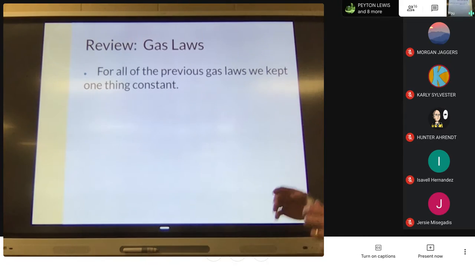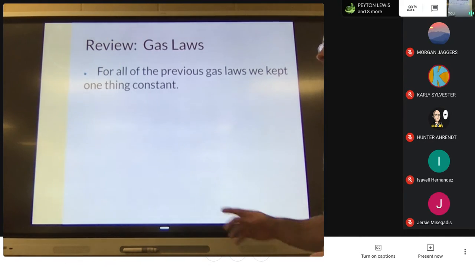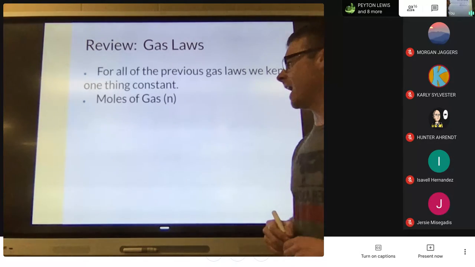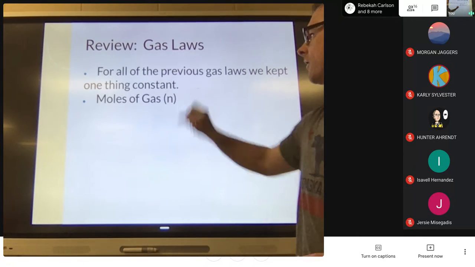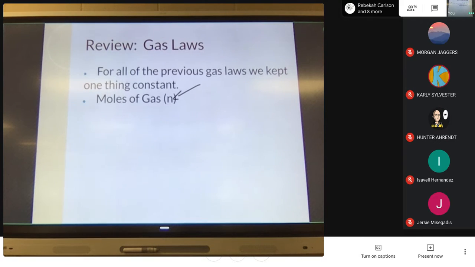The one thing that we did not include in any of our gas laws was moles of gas, and moles of gas is labeled with an N. It's a little bit weird. You'll notice that in Boyle's law, Charles' law, Gay-Lussac's law, moles of gas did not show up. Now, there is a gas law where moles do show up, but we didn't deal with that.